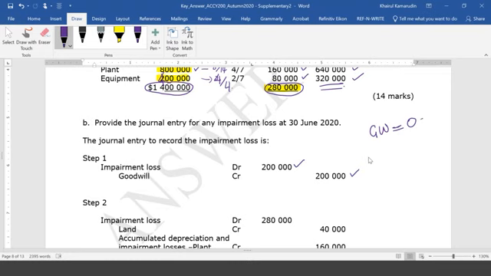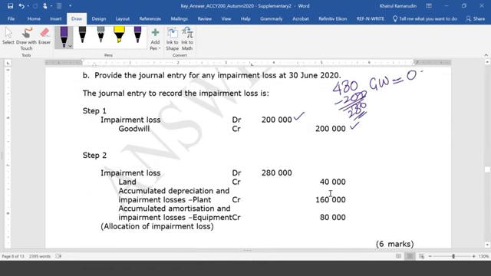The first step is to offset the impairment loss with goodwill, so you clear the goodwill account. Debit impairment loss, credit goodwill. You have 480,000, so you minus 200,000 first, and then the balance of 280,000, you're going to allocate to other assets.